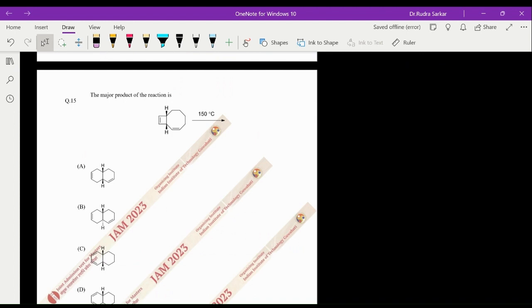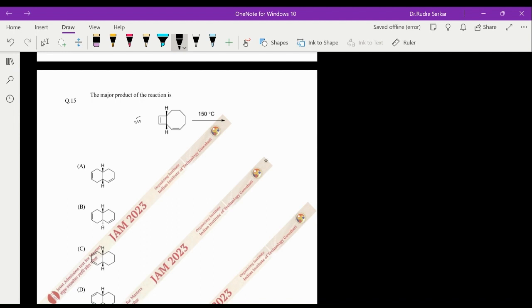Okay, so we have basically over here some electrocyclic reaction being given to us. So this is a 4 pi electron system and should be undergoing conrotatory.